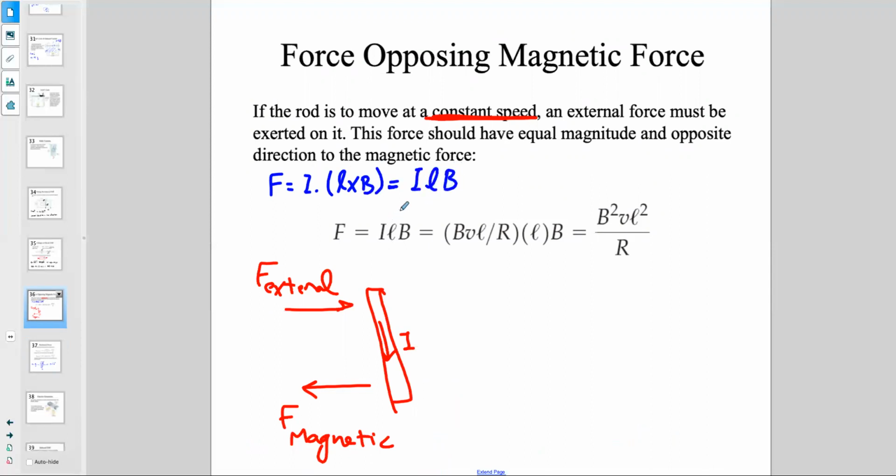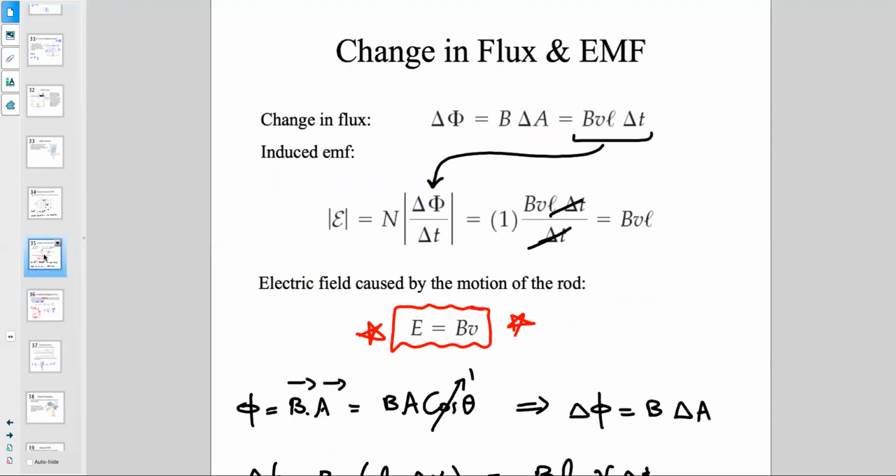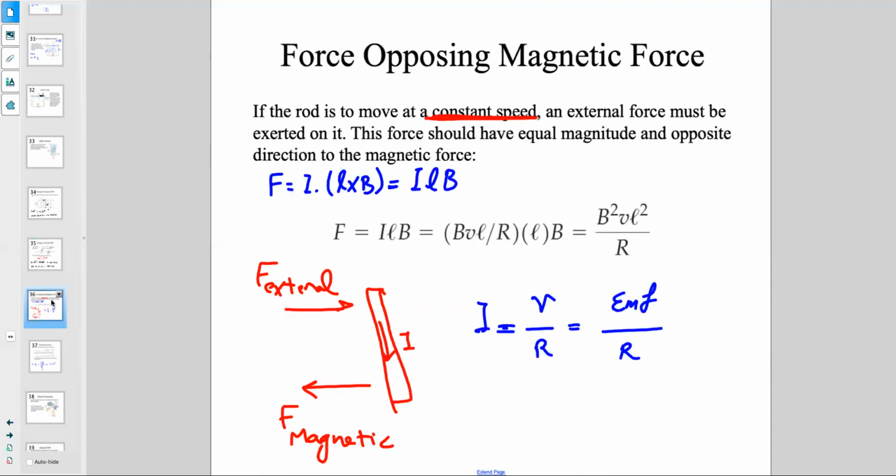And instead of this I can use V over R. So I is V over R, or EMF over R, okay? So this EMF is B V L, okay? So B V L over R, and I can substitute that right here.